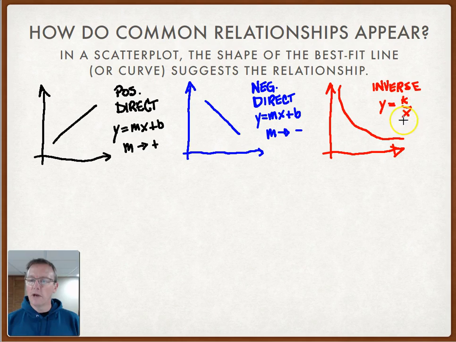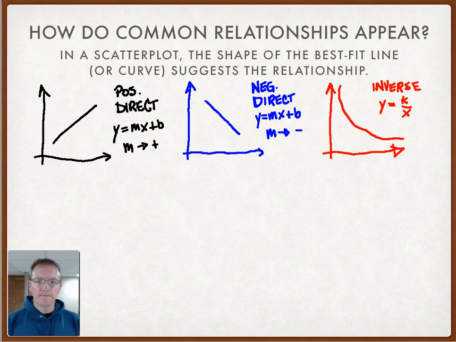So as x goes up, y is going to go down. It's similar to this, where as x goes up, y goes down. But mathematically, this is just multiplying by a negative number, whereas this is flipping it over in a fraction. So they have a different relationship, so just be careful about it. If there's any bit of a curve to the relationship, it's going to have to be inverse, not negative direct.